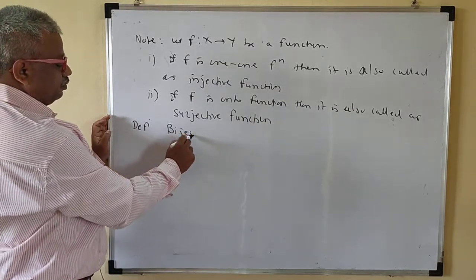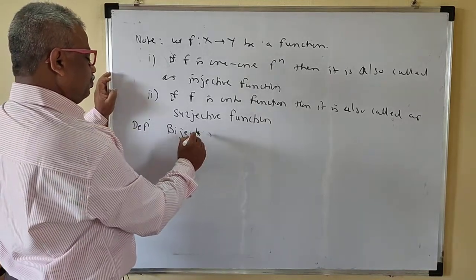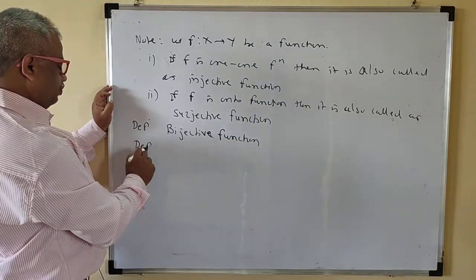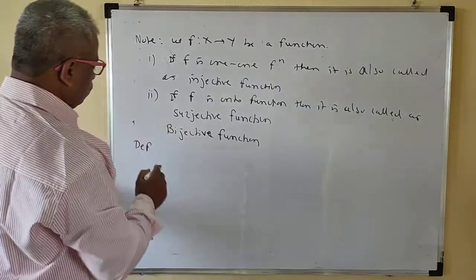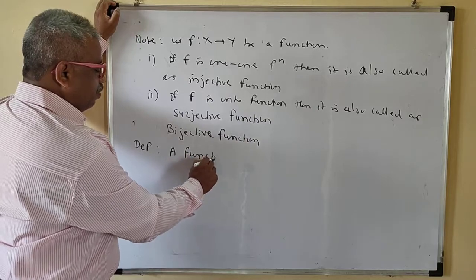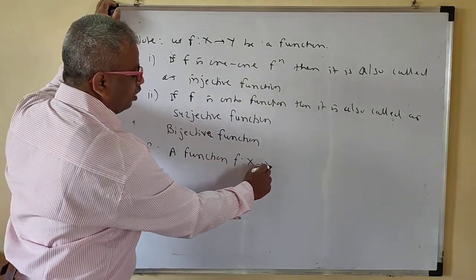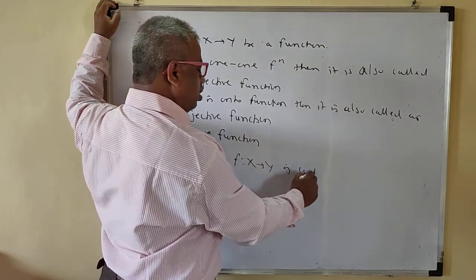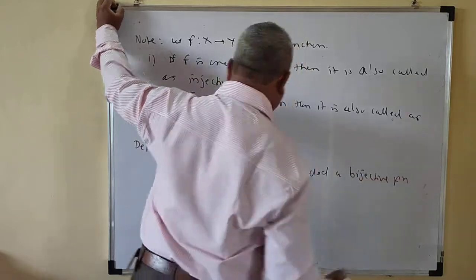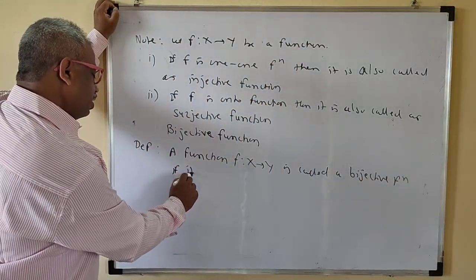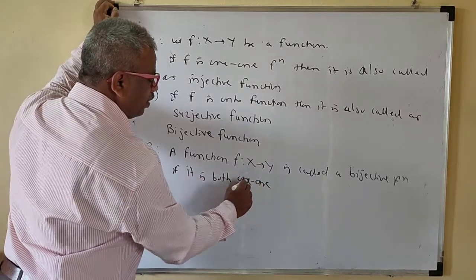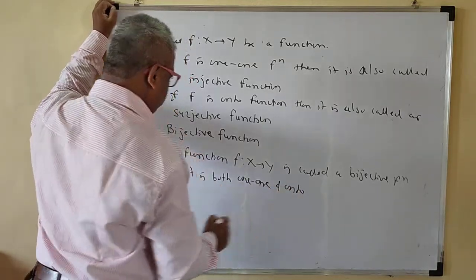Bijective function. Definition. A function f from X to Y is called a bijective function if it is both 1-1 and onto, right?